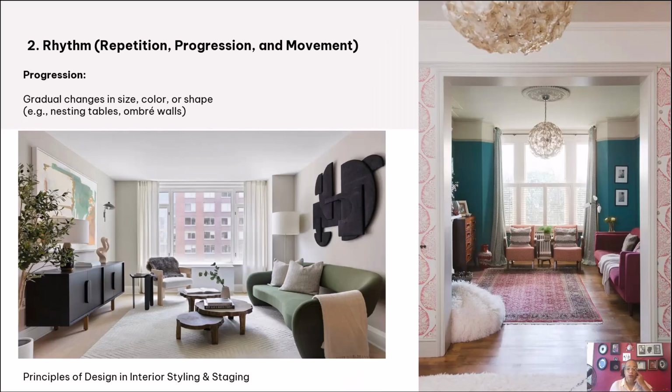Progression. Progression is when you have a space and it's moving from one idea to another idea. In this case, I have a square entertainment unit, and then it goes from a square roundish chair to a hard roundish table, and then it transitions into a very soft and rounded sofa.